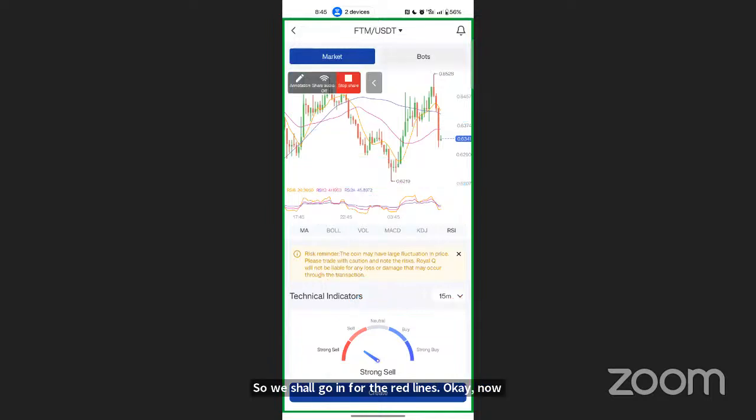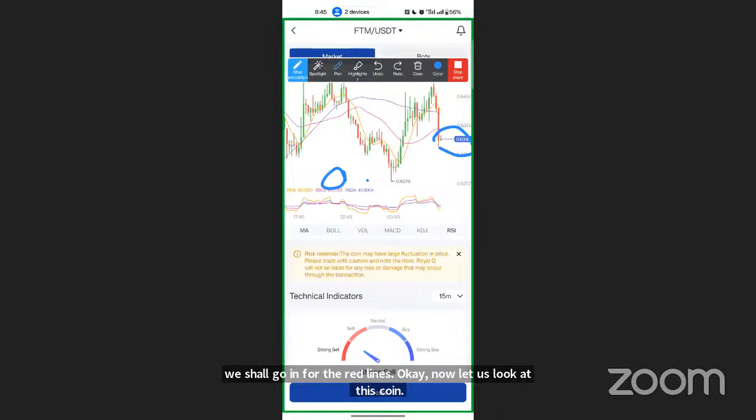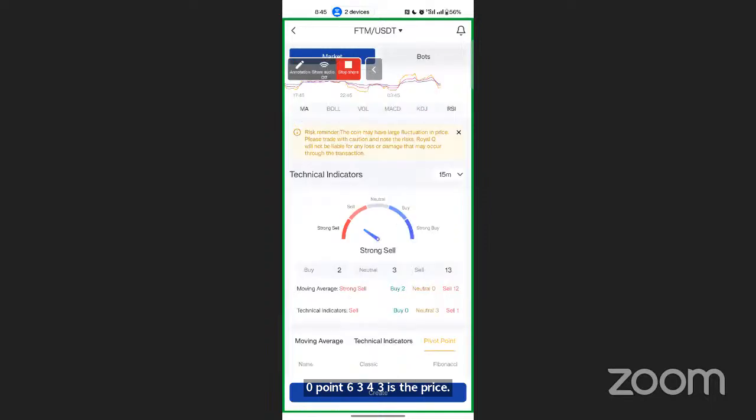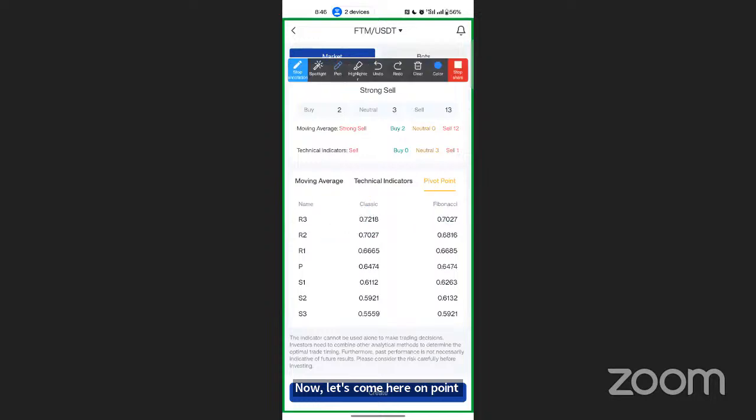Now let us look at this coin. 0.6343 is the price. Now let's come here on pivot point. The price is 0.63.